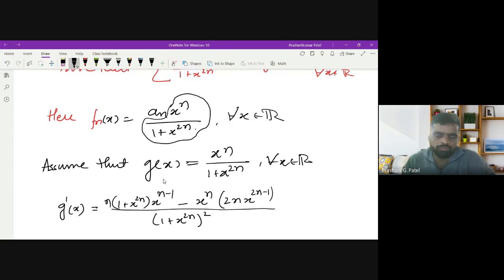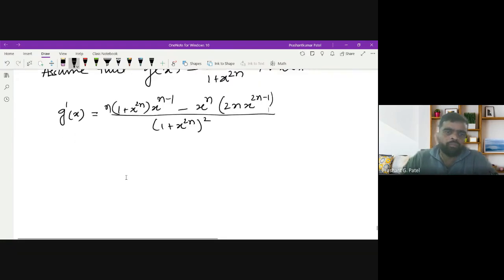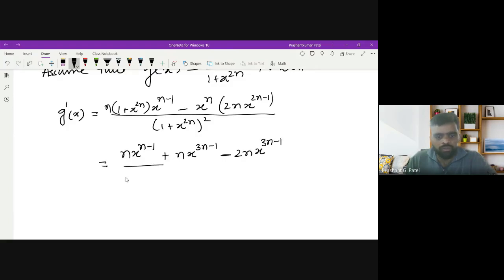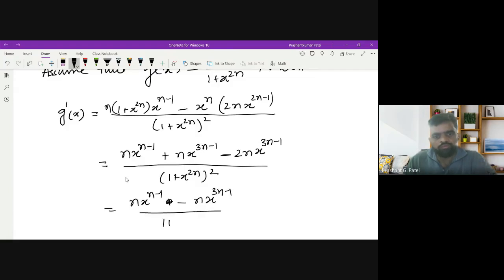If you simplify, this gives n into x power n minus 1 plus n into x power 3n minus 1 minus 2n into x power 3n minus 1 upon 1 plus x power 2n whole square. Further simplifying, this is n into x power n minus 1 minus n into x power 3n minus 1 upon 1 plus x power 2n whole square.